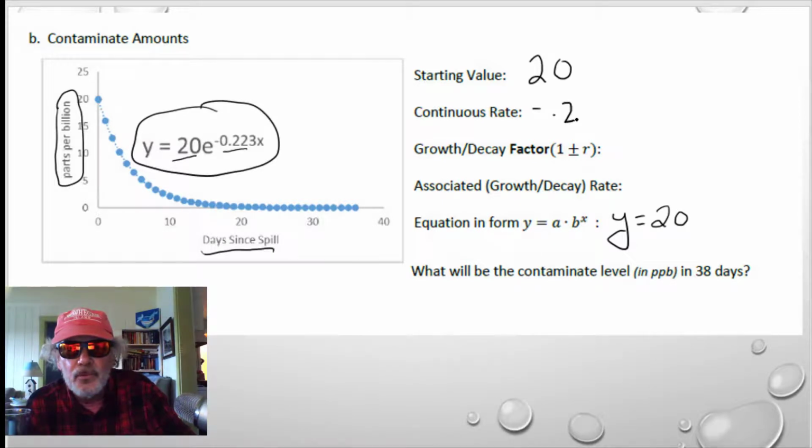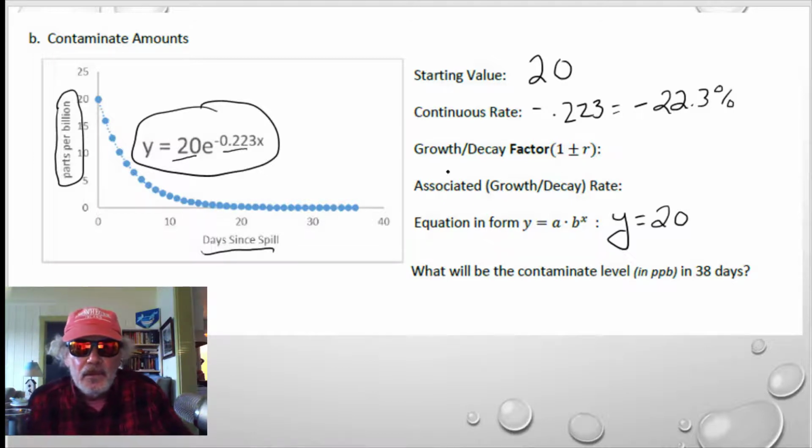negative 0.223 over 1, which is a negative 22.3%. Now our growth or decay factor, or 1 plus r, is simply what is 20 being multiplied by? In other words, what is this number here? x is just the number of days.